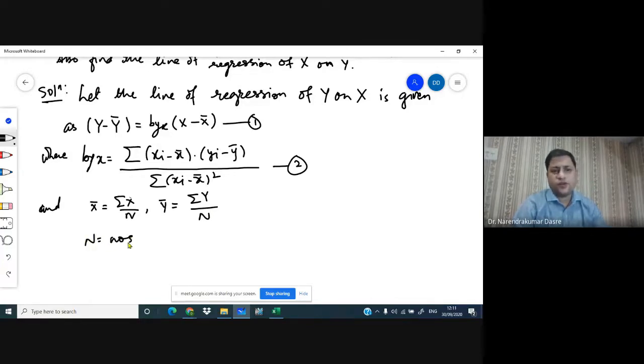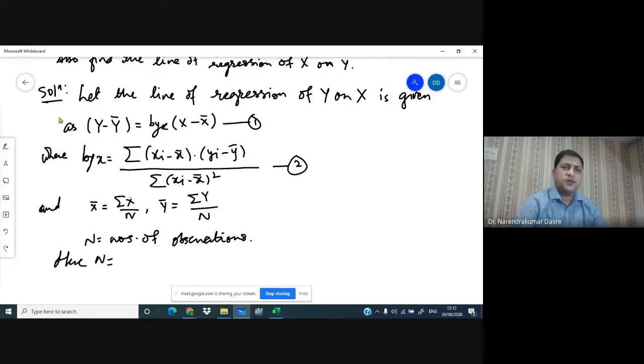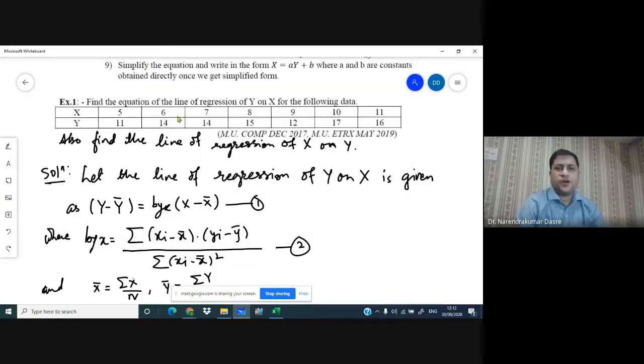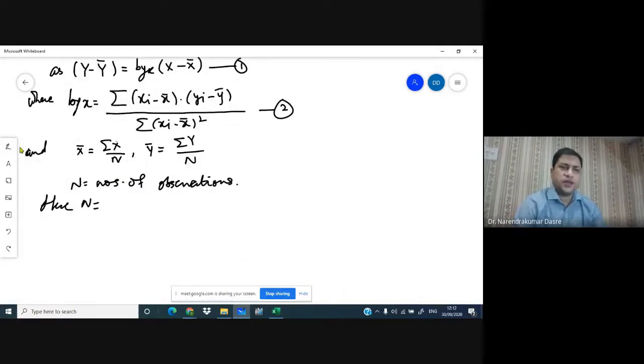N is equal to the number of observations. So here, what is the value of n? How many observations we have? 1, 2, 3, 4, 5, 6, 7. So we have 7 observations here. So the value of n is 7.